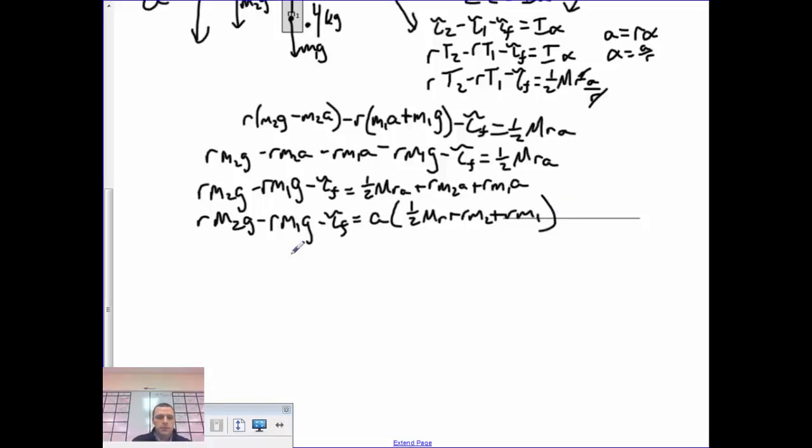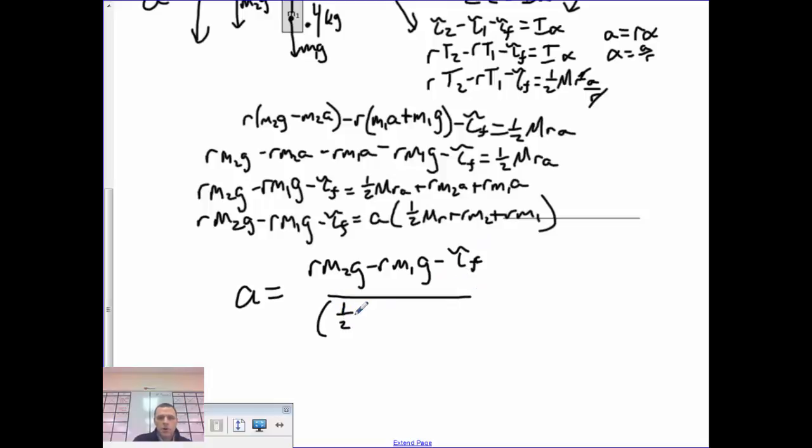And then just the final algebra: a equals R m2g minus R m1g minus torque friction, divided by 1/2 mR plus R m2 plus R m1.